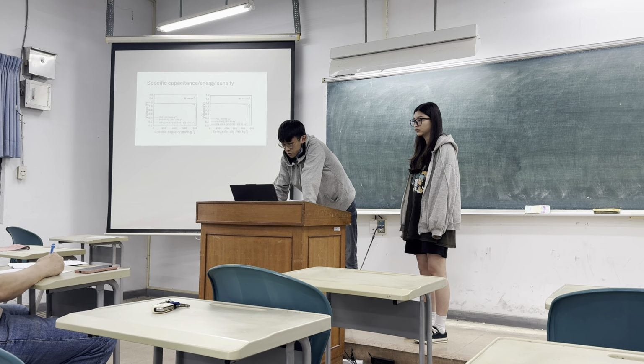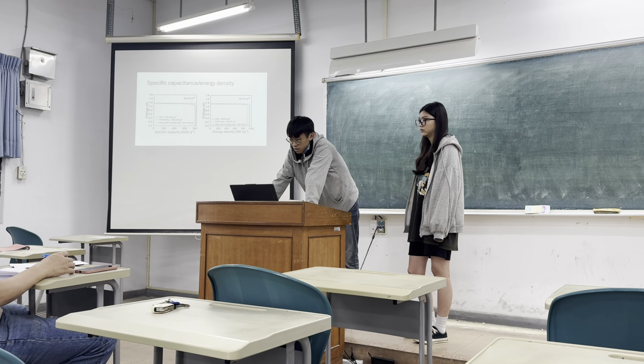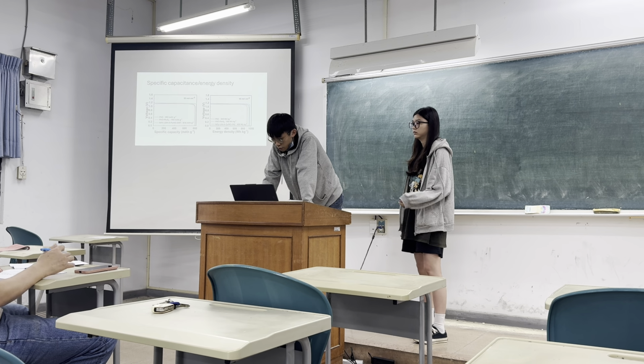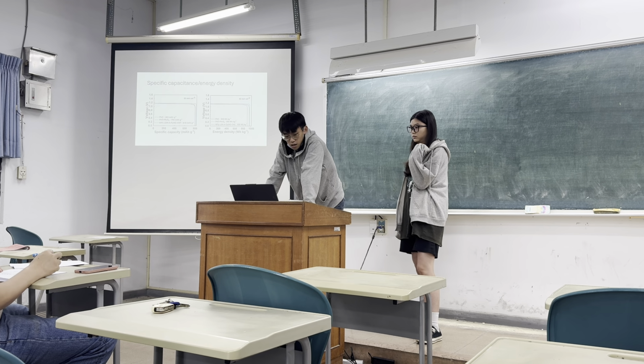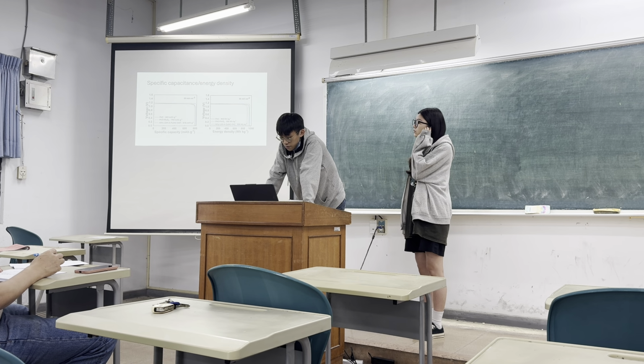Finally, this feature shows energy density. Energy density can be simply understood as the specific capacity times the average discharge voltage. Therefore, a good battery should have both high specific capacity and stable discharge voltage.